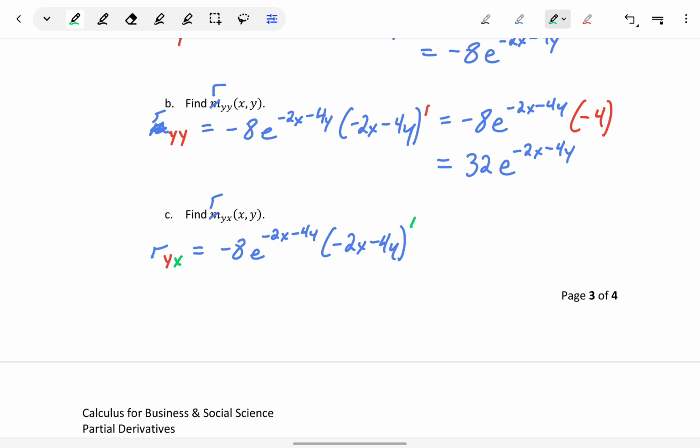What's different, again, keep in mind, is that now we're differentiating with respect to x. The first part of this expression stays exactly the same, and the derivative of that interior function with respect to x will become negative 2 minus 0, or plus 0, doesn't really matter either way. And then we can multiply negative 8 times negative 2 to get 16 e to the negative 2x minus 4y.